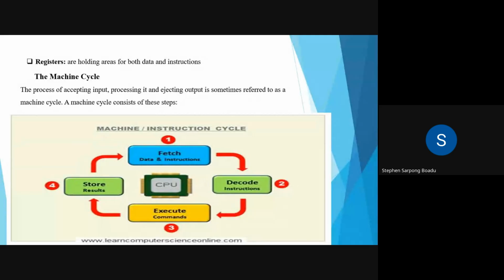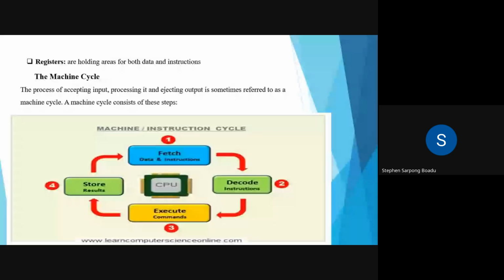The registers are not a permanent place where the CPU stores data, but that is where it keeps its instructions and data whilst it's working on something. So it keeps the instructions and data temporarily.